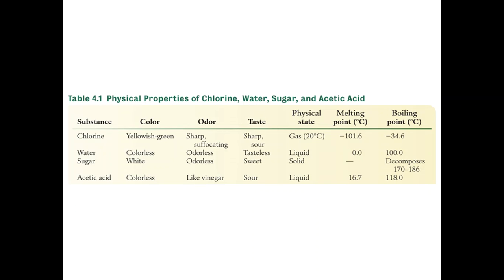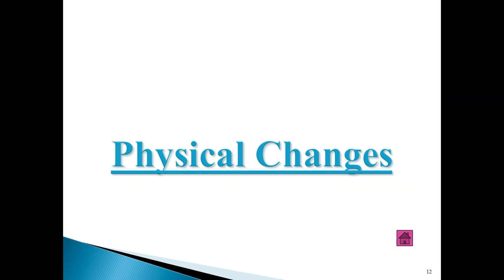So just to highlight the example of, let's say, sugar, it is white, odorless, has a sweet taste, is a solid under normal room temperature conditions. The melting point is not given, and the boiling point is not even given, it shows the temperature at which it decomposes. So these are just basically some descriptions of the physical properties of these four different substances.